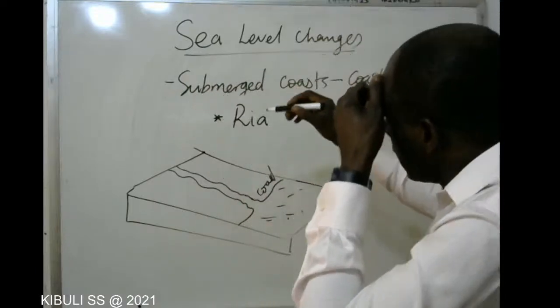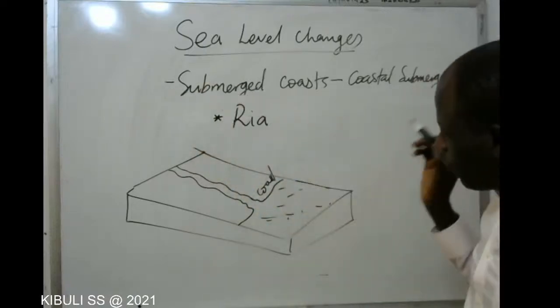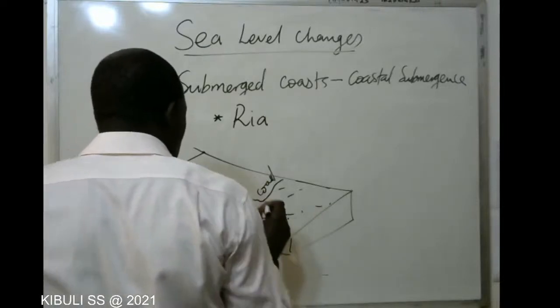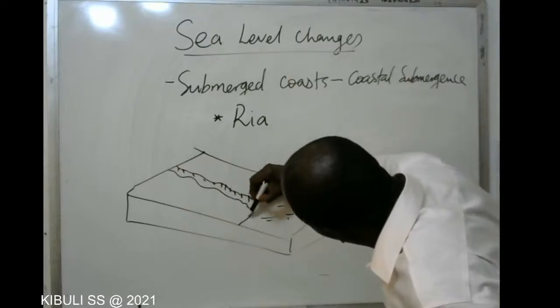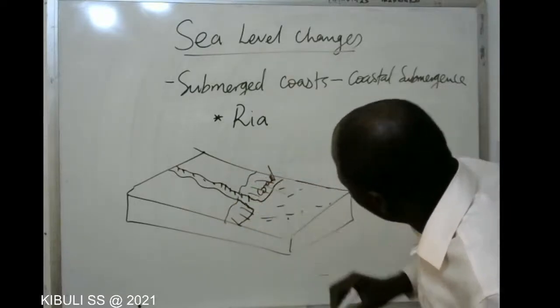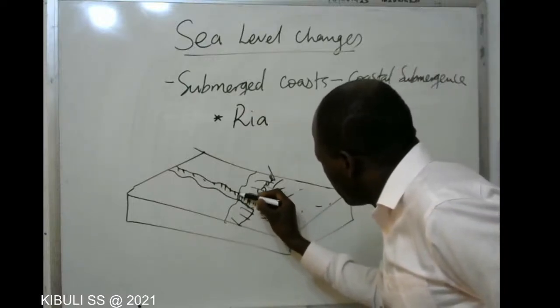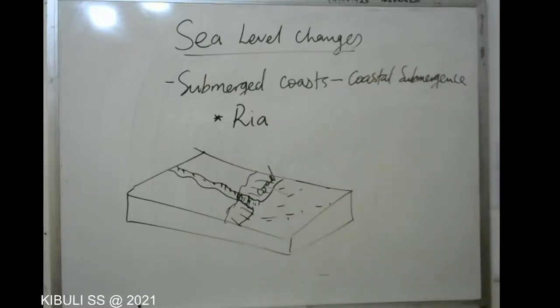Now, in case the sea level rises, what happens is that the water of the sea will occupy this part of the coast, implying therefore that even this river valley becomes drowned or covered by the waters of the sea or of the lake.